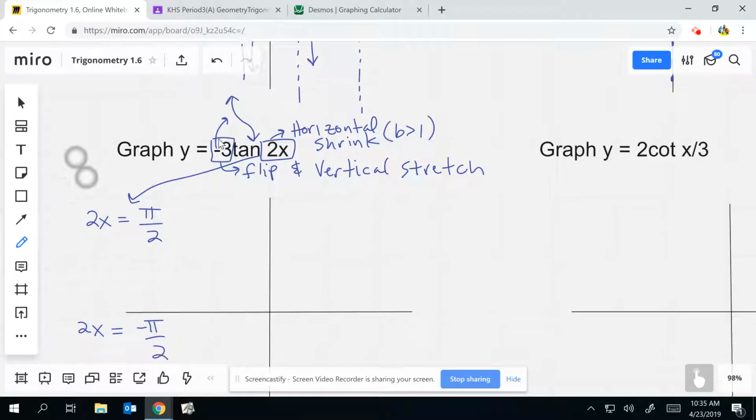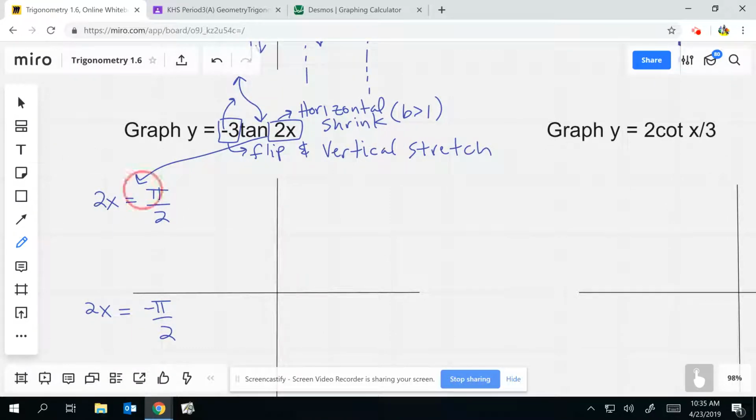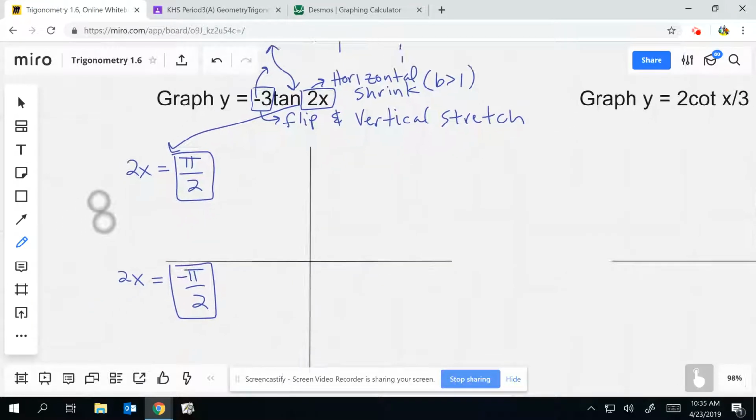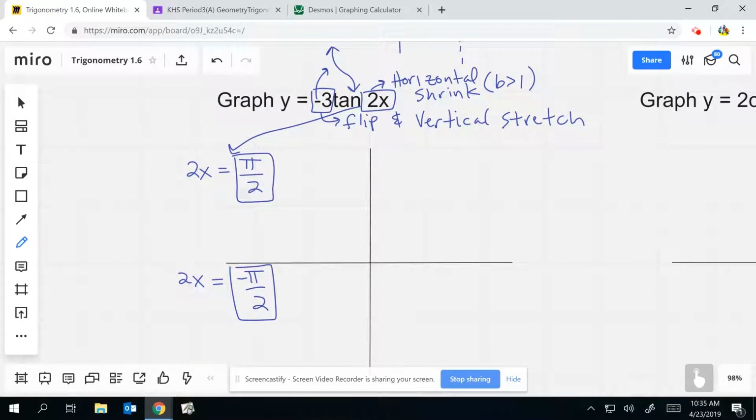And I know that for my tangent, I got to make it equal pi/2 and -pi/2 to find my dotted lines. So how do I solve that now? How do I get x by itself here? I could divide by 2, but then I'd have to divide fractions. Why don't you just multiply by 1/2 on both sides?